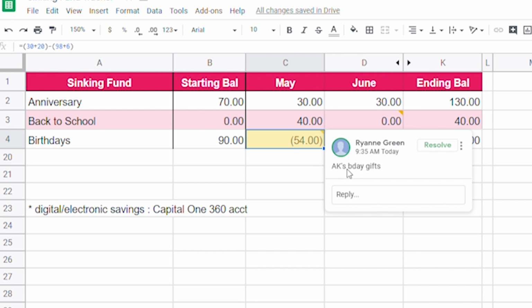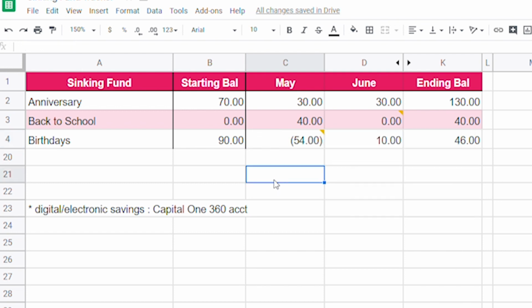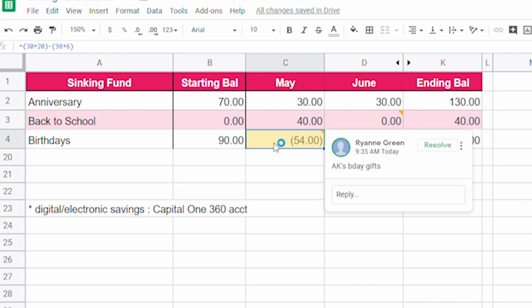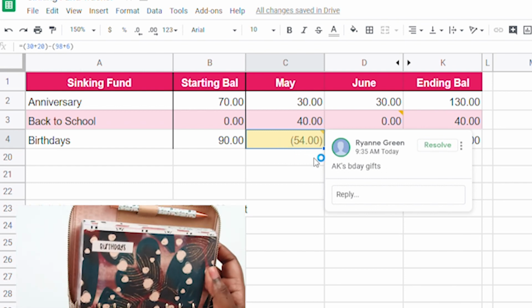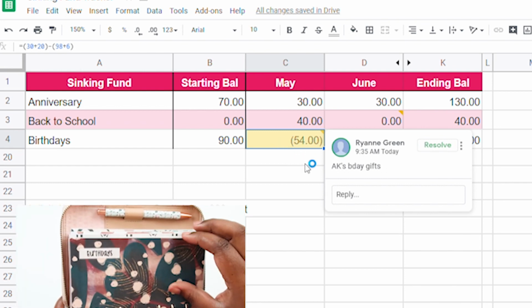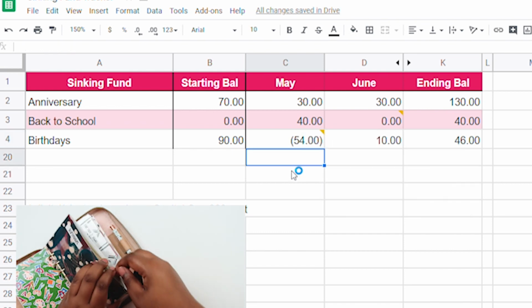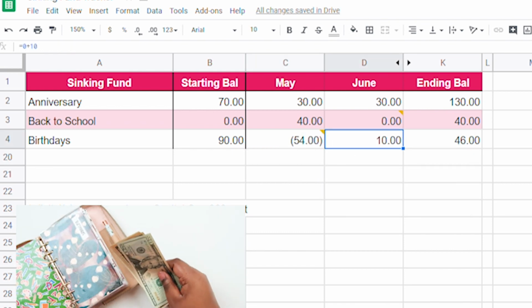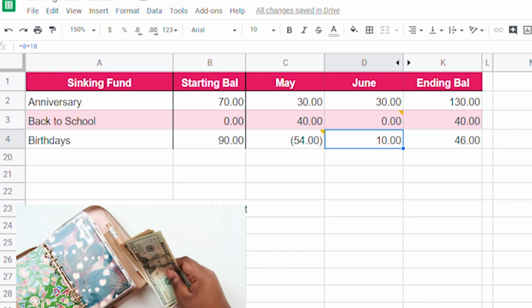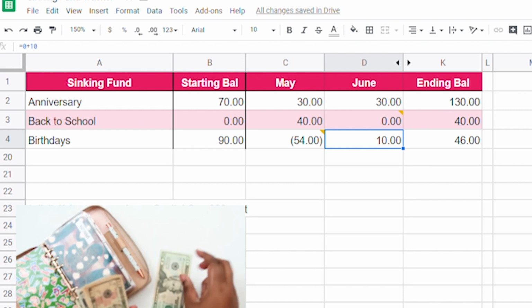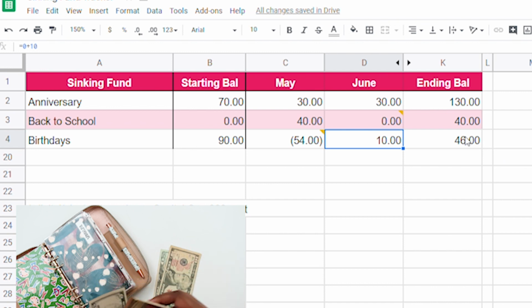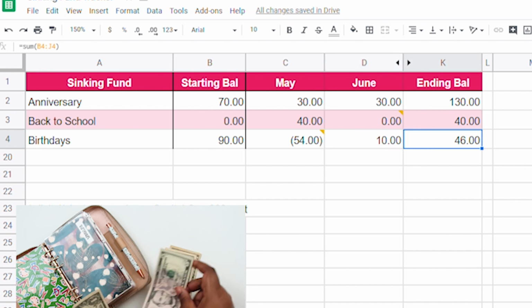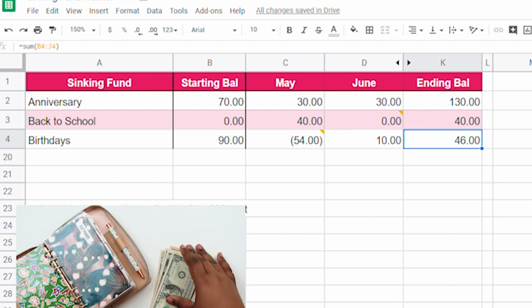The $104 that went out was for my boyfriend's birthday gifts. So I added the 50, but took out the 104, which netted down to a negative $54 in May. I added $0 for the first paycheck in June and 10 for the second, so it only netted to $10, and my total balance remaining is $46 in birthdays.